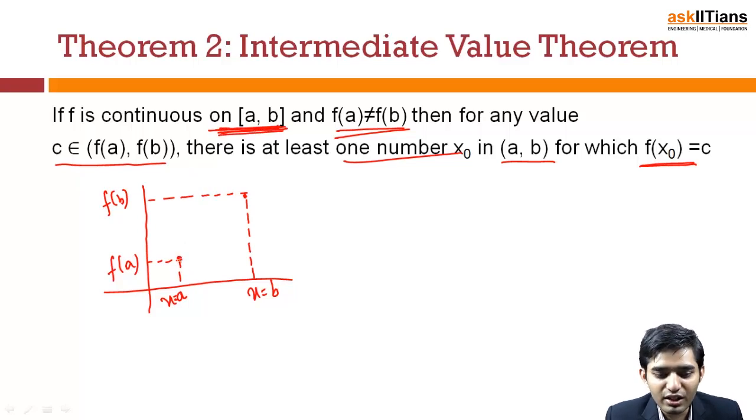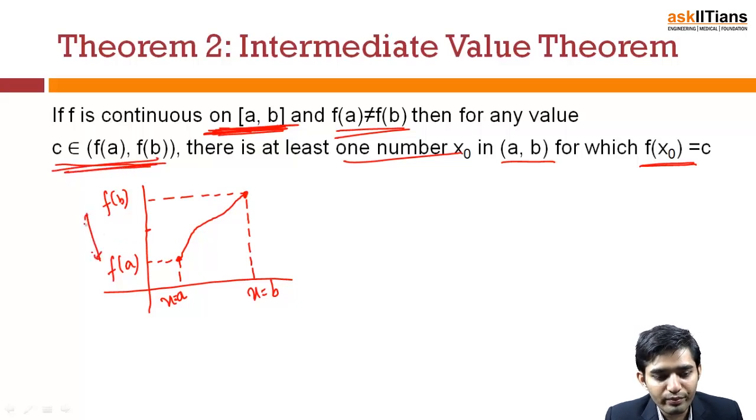If this function is continuous in this interval a to b, and I join these 2 points in a continuous manner, that is without lifting the pen, one of the ways can be something like this, right? So this statement says that if f(x) is continuous in this interval a to b, then there will exist at least one c between f(a) and f(b).